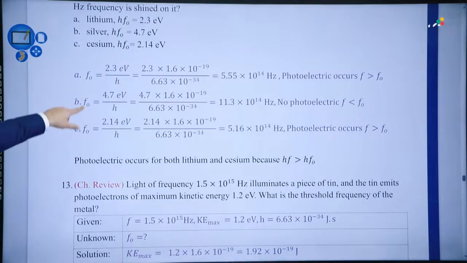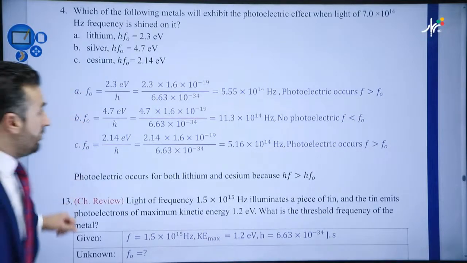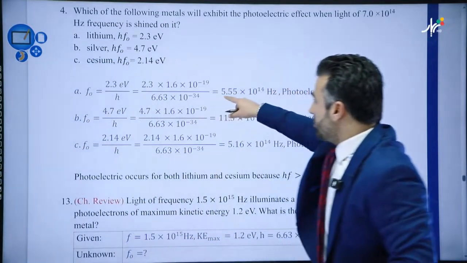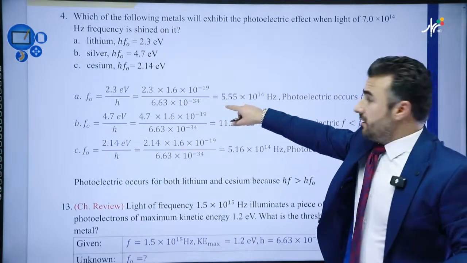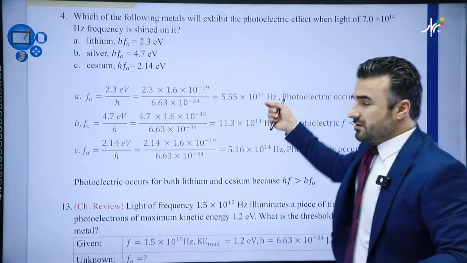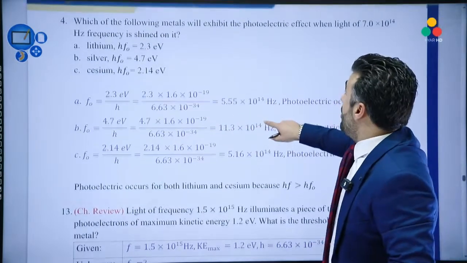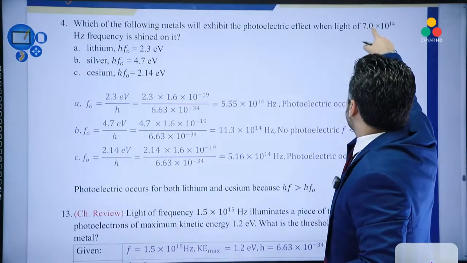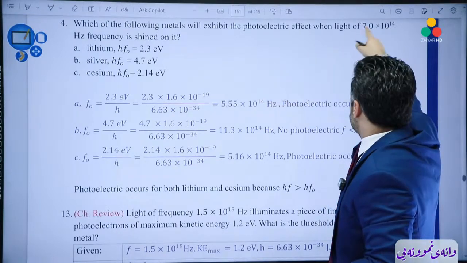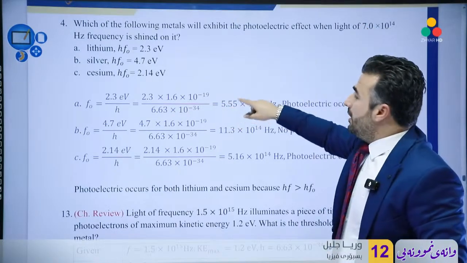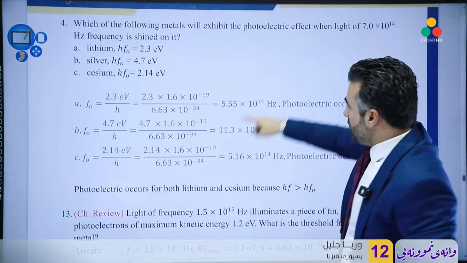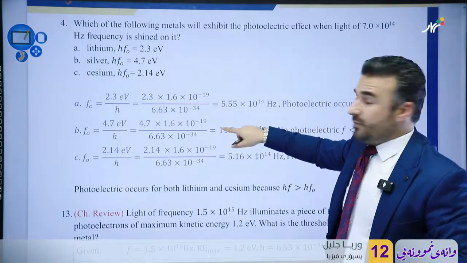So you can see here, after doing the math, this is the threshold frequency for lithium, which is 5.55 times 10 to the power 14, while the incident photon is 7 times 10 to the power 14. So 7 is bigger than 5, so electron will be ejected. For silver, 7 is smaller than 11, electron will not be ejected.